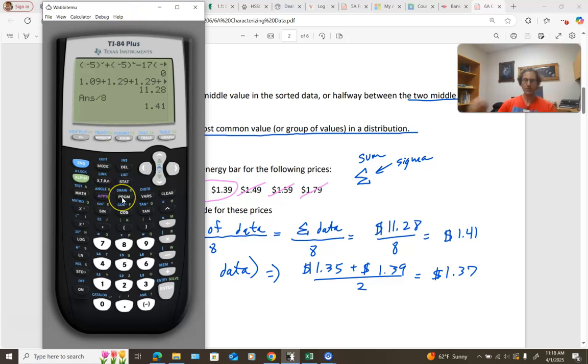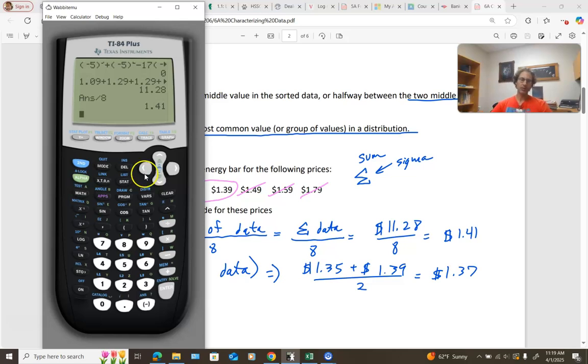Because there's a statistics program in this calculator, and it's very useful. What you have to do is you actually have to input this data, and you have to input it in a list. And then whenever you want to find the mean or the median, you have to tell the calculator to find those statistics using that list of data.